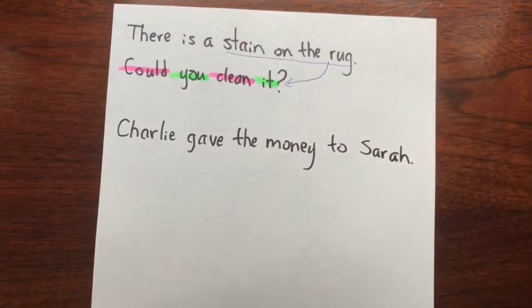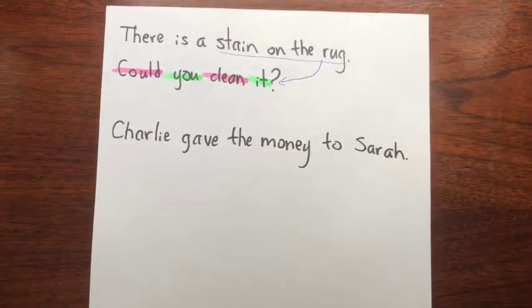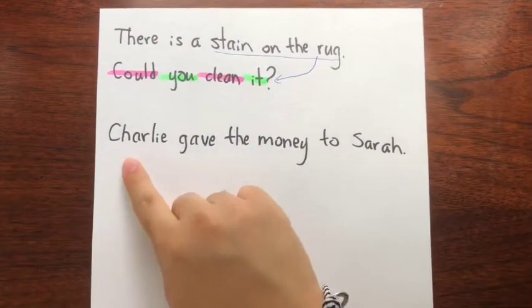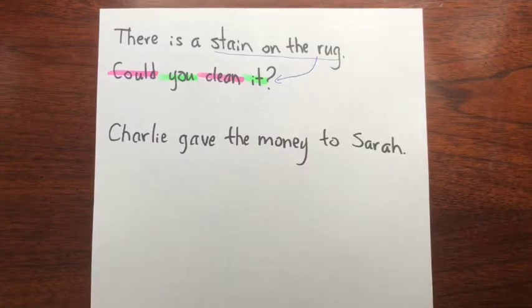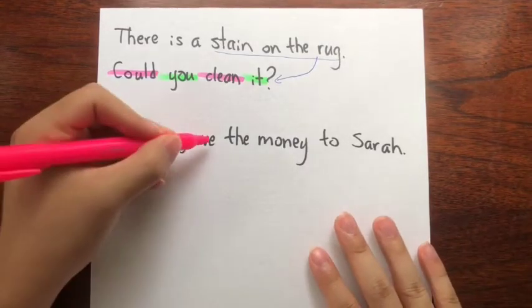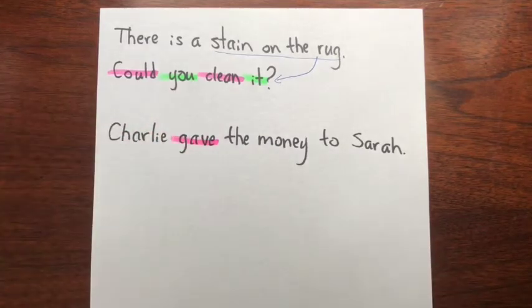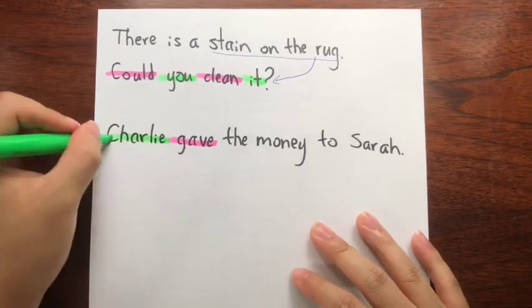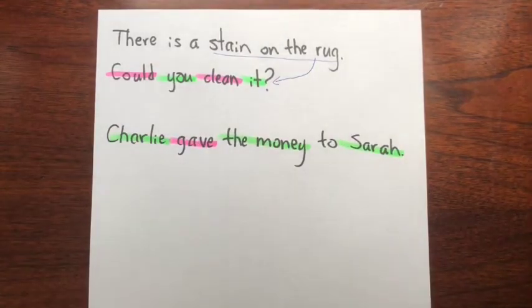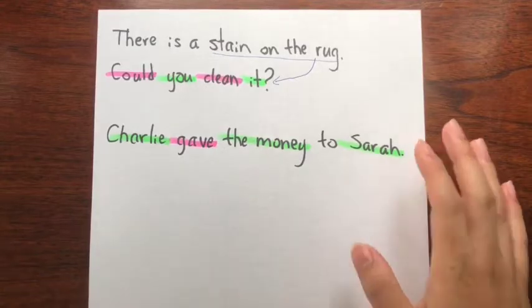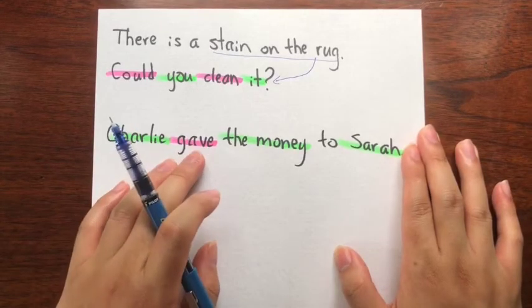All right. Charlie gave the money to Sarah. I want you to identify all of the words in the sentence. Let's start with the verb. The verb is gave. Now let's find all of the nouns. We have Charlie, the money, and Sarah. Okay, so gave. Who gave?